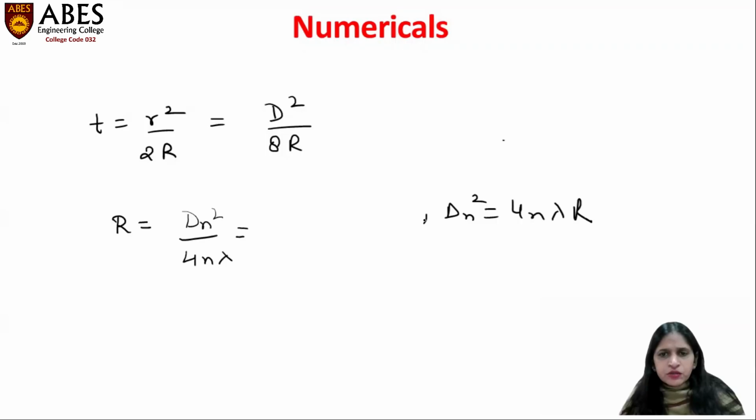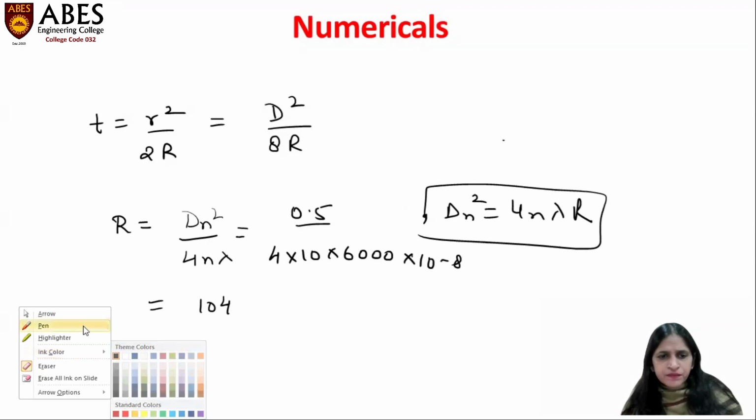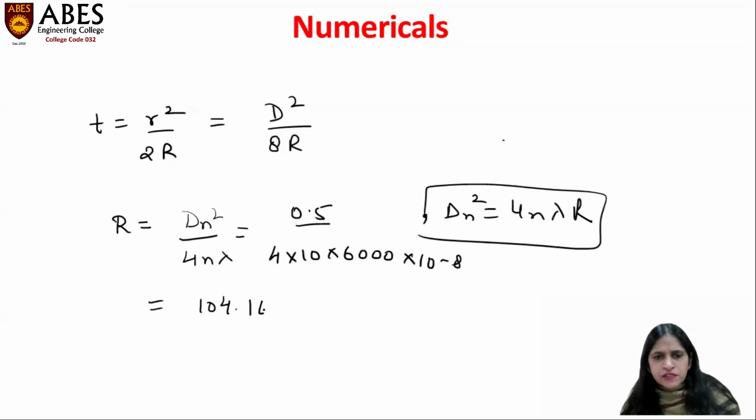So when we substitute the value, we get 0.5 upon 4 into 10 into 6000 into 10 to the power minus 8. After solving this, we get 104.166. Now this value of R can be substituted to find out the value of t. So what is the value of t?